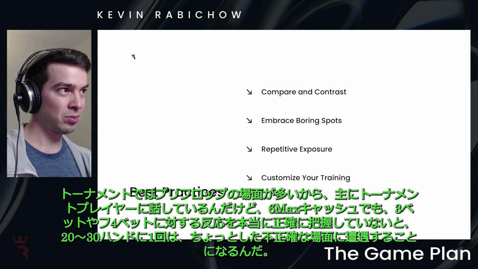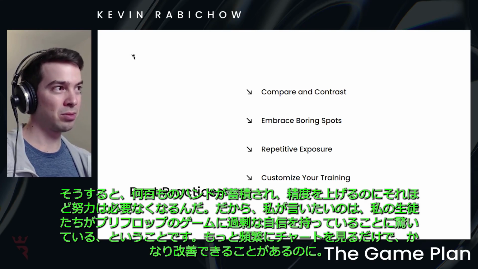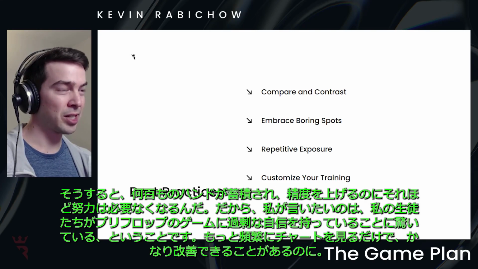So if you don't know all these different, I'm mostly speaking to tournament players because there are so many preflop spots in tournaments, but even for 6-max cash, if you don't know your response to 3-bet, your response to 4-bet really, really accurately, then every, I don't know, 20, 30 hands, you're going to run into a spot where there's a small inaccuracy. And that builds up over hundreds of hands, and it doesn't take a lot of effort to get more precise at.